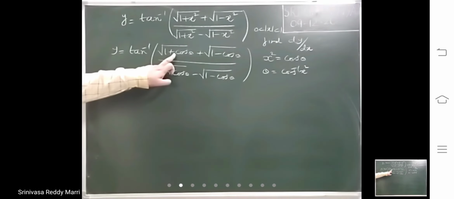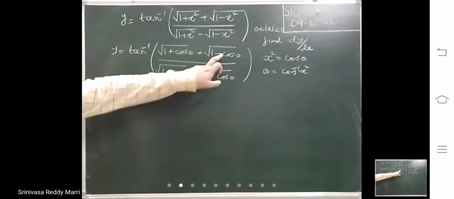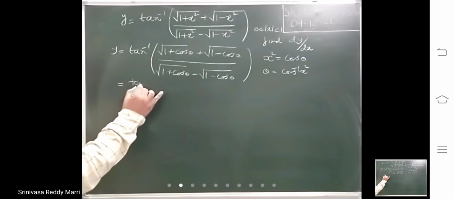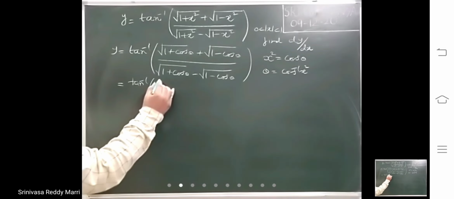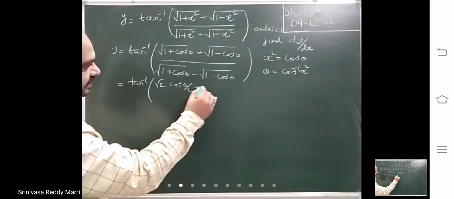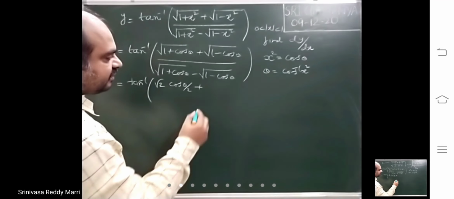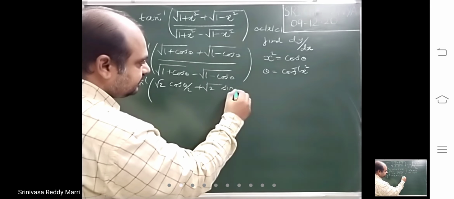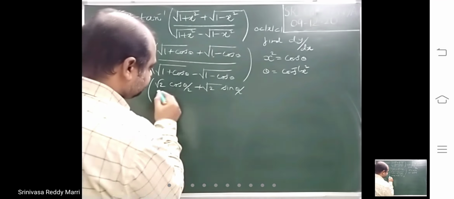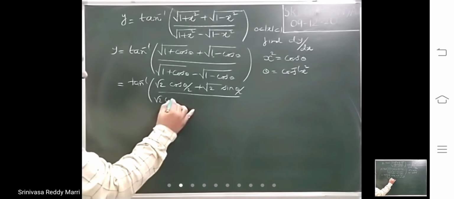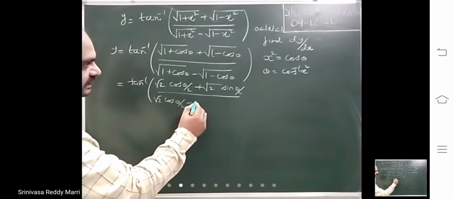Now you know 1 plus cos theta is nothing but 2 cos square theta by 2, so this becomes root of 2 cos square theta by 2. And 1 minus cos theta is nothing but 2 sin square theta by 2. The denominator also gives the same thing.